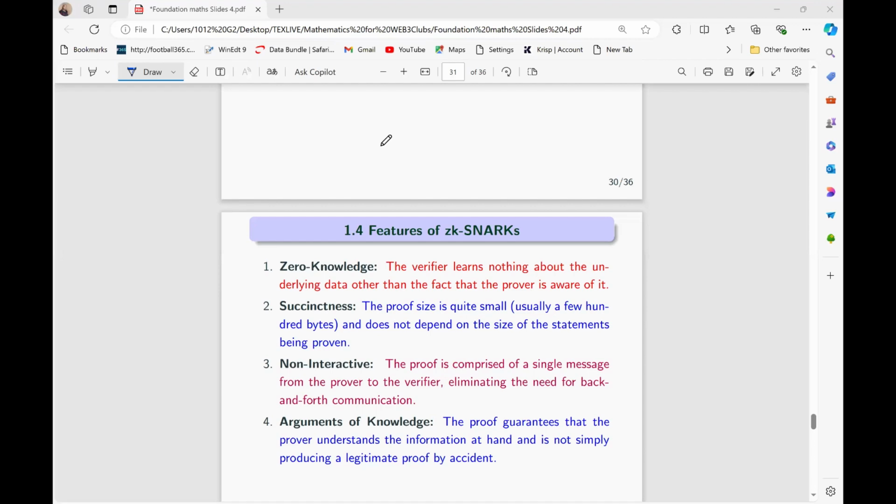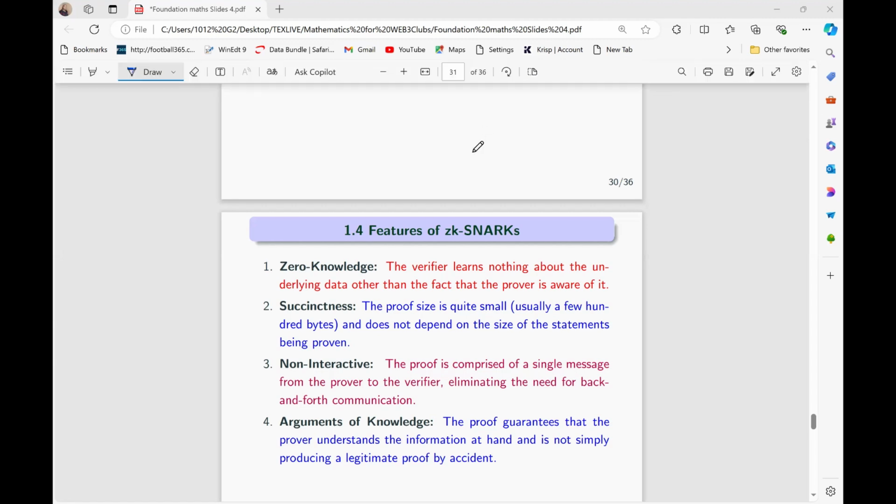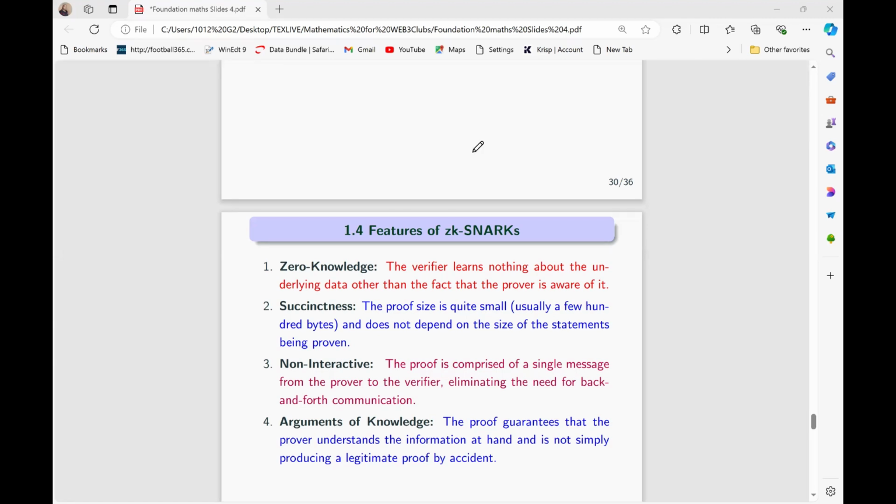Zero knowledge here means that as the prover does this transaction, the verifier should learn nothing new, apart from the fact that the prover has that information. The verifier at the end should just know that the prover understands that information, but should not know what that information is.